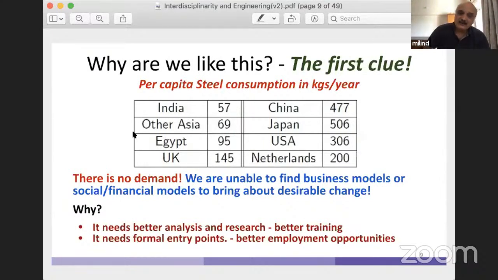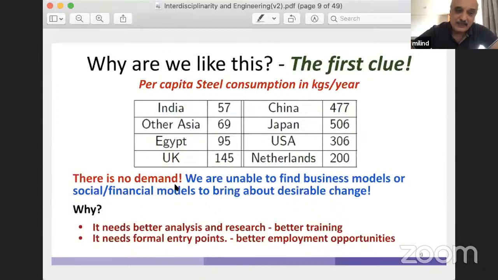Even very mature societies like the UK, which have a lot of infrastructure, need 145, but we are making do with 57. The real answer is not that steel is hard to produce. Steel is very easy to produce. It's not high tech. The real answer is that there is no demand. There is no profitable way of using steel and producing value.